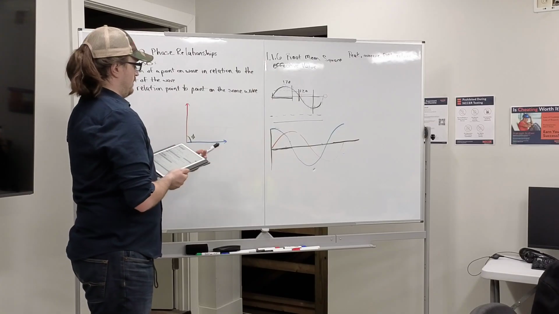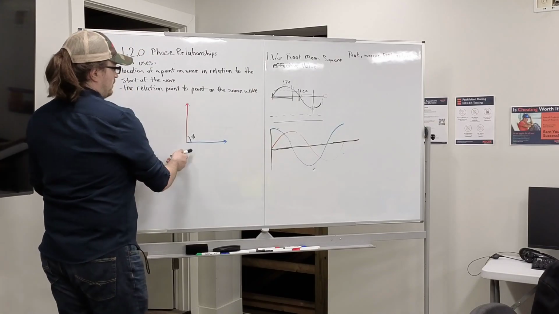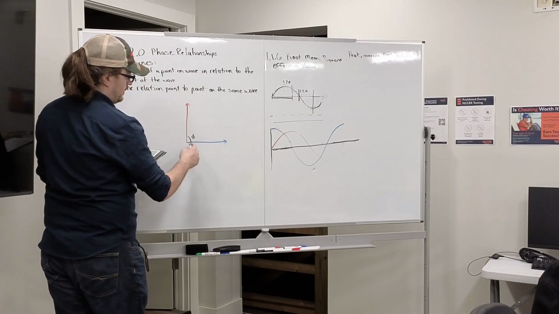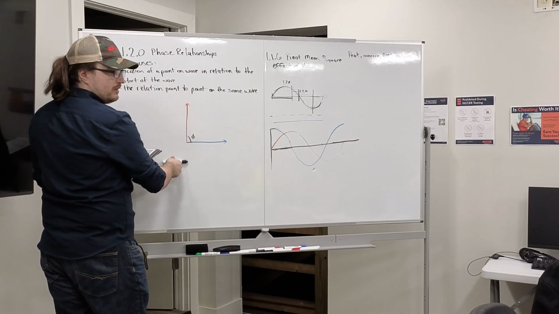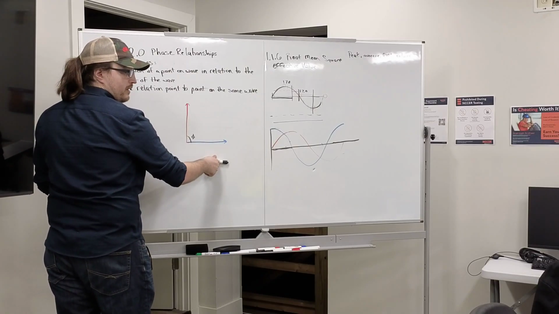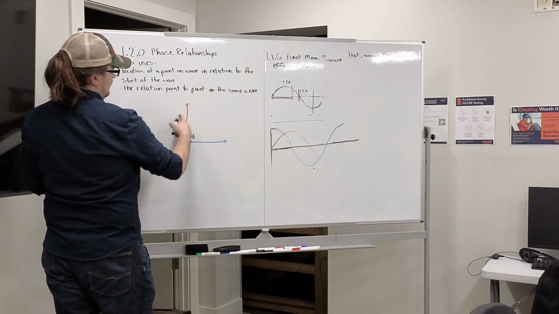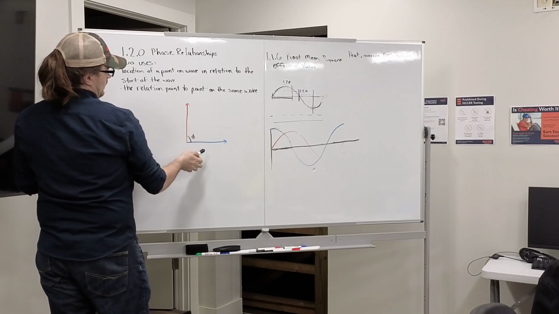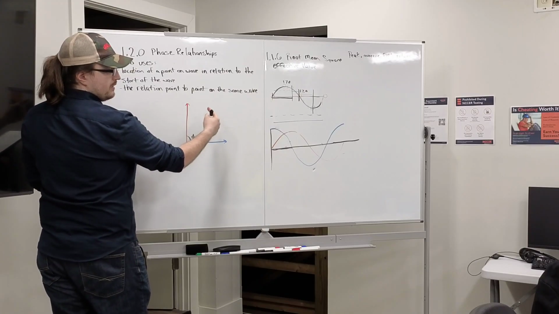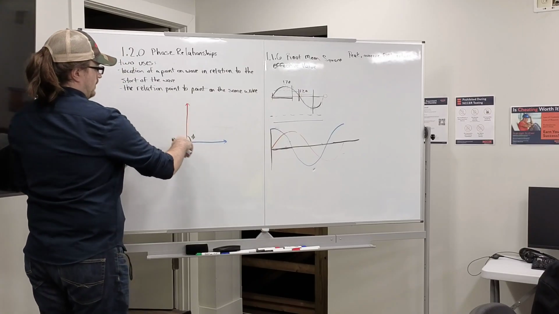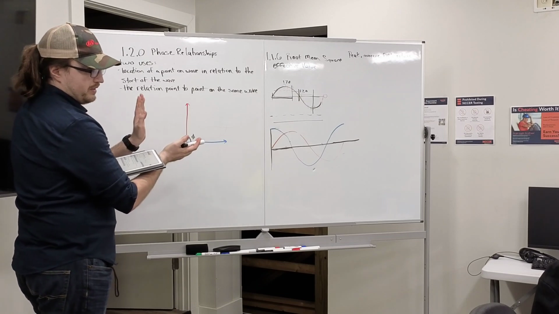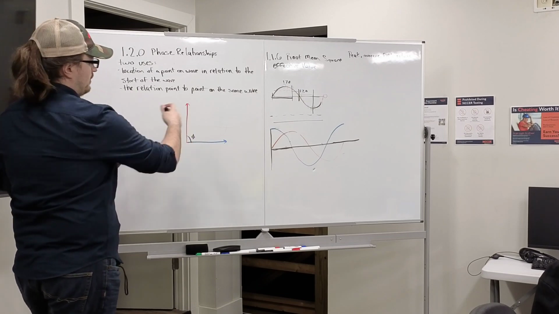When one phase of the voltage is at peak bottom, meaning its conductor is at the bottom moving this way, the other conductor is at 0, over here, moving this way. This vector angle is literally the comparison of where each one is on that circle.